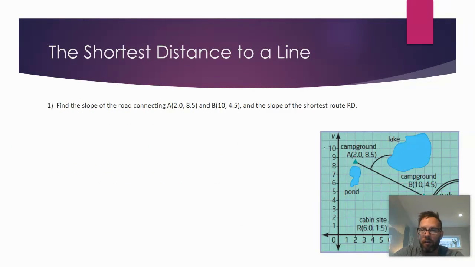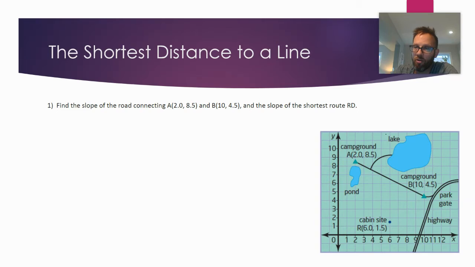So I prompted us here. Our first step, well, if we want to know the equation of the line joining A and B, we better find the slope of that line, the slope of that road connecting A to B. So let's do that using our slope formula. And I've got lots of space on this slide, so I'll write out my slope formula.